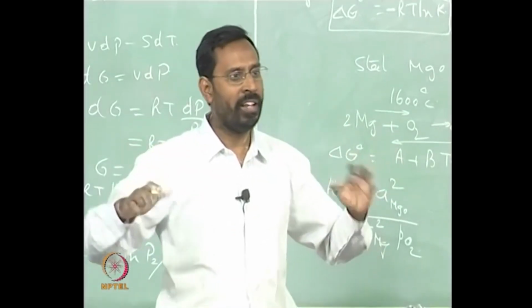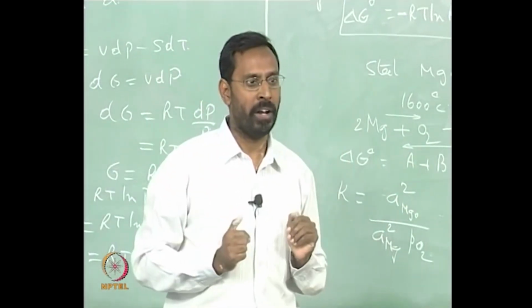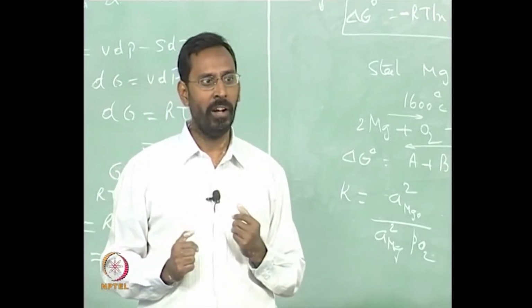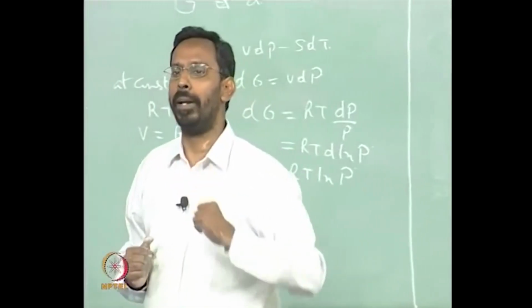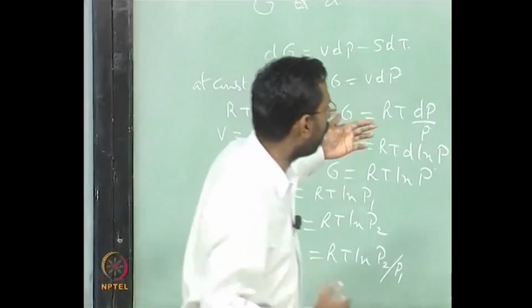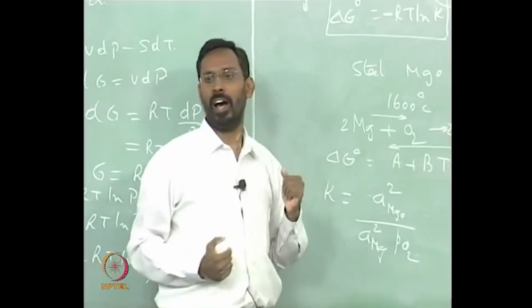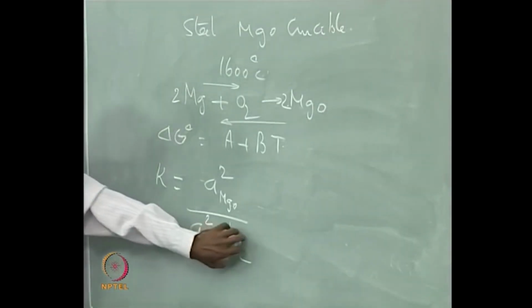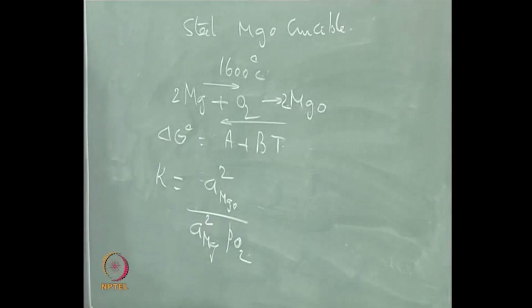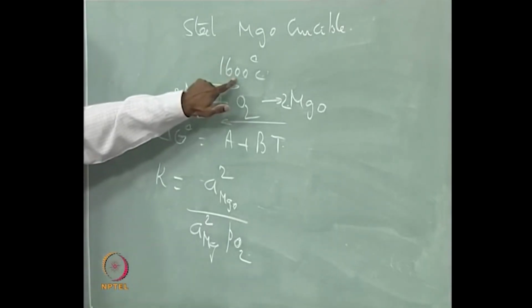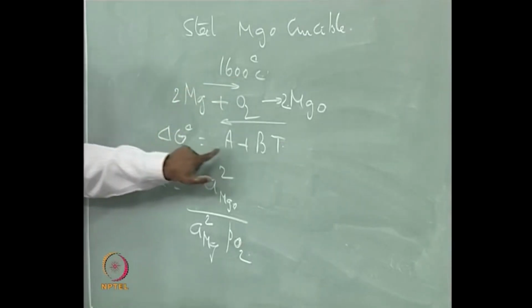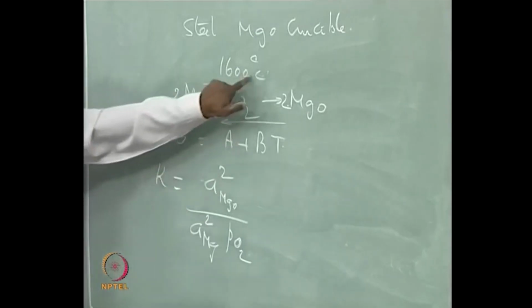For that oxygen partial pressure available in the furnace, whether the MgO will dissociate or whether the MgO is stable, how will I know? If I know the equilibrium partial pressure of oxygen for this reaction at that temperature.